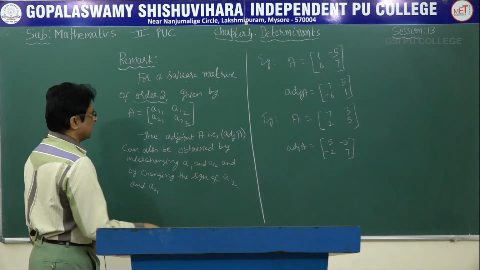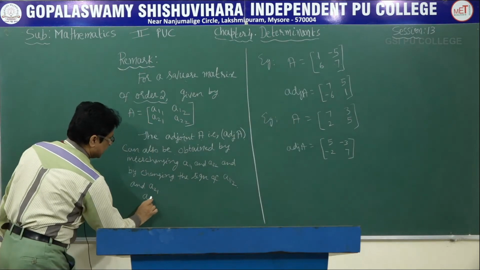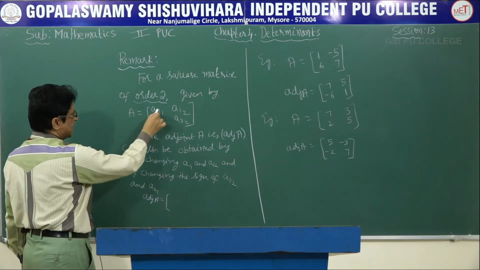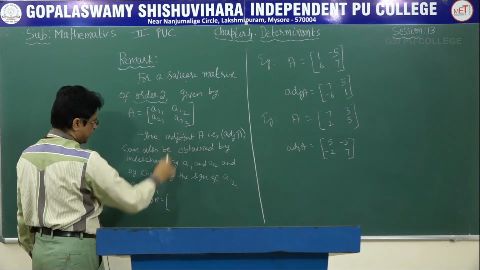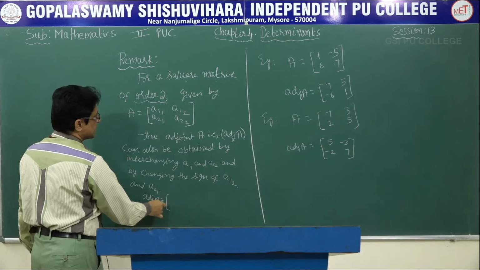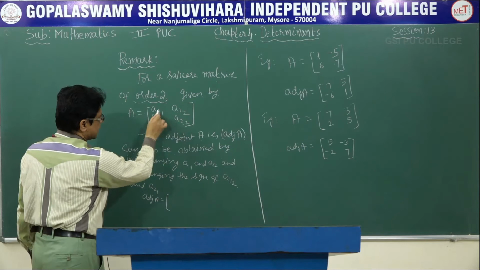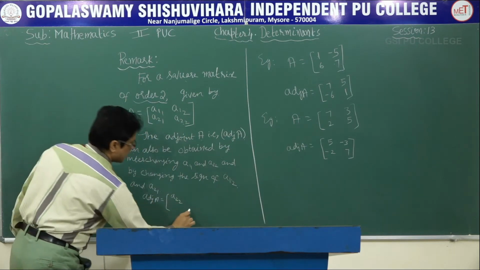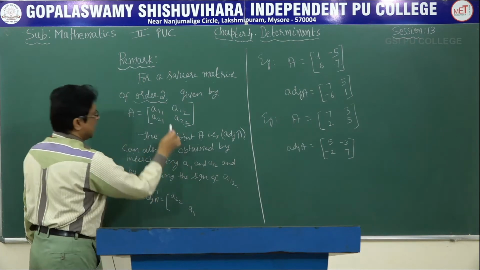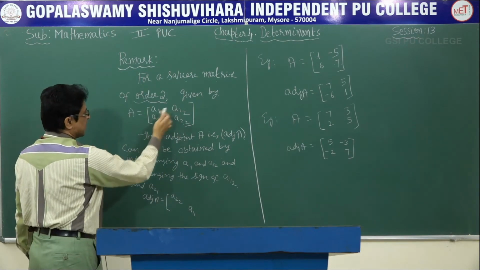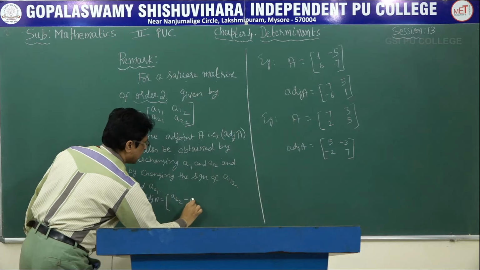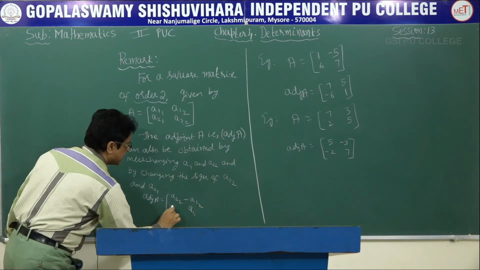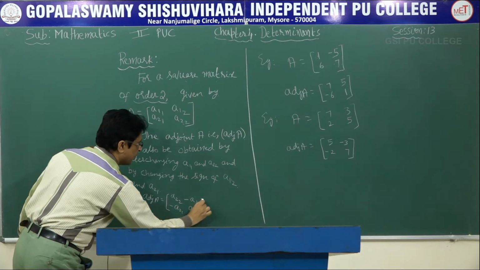So in general, if A is a matrix a11, a12, a21, a22, the adjoint A is got by interchanging the principal diagonal elements, that is a22, a11, and changing the sign of the other diagonal, that is here we get minus a12 and here we get minus a21.